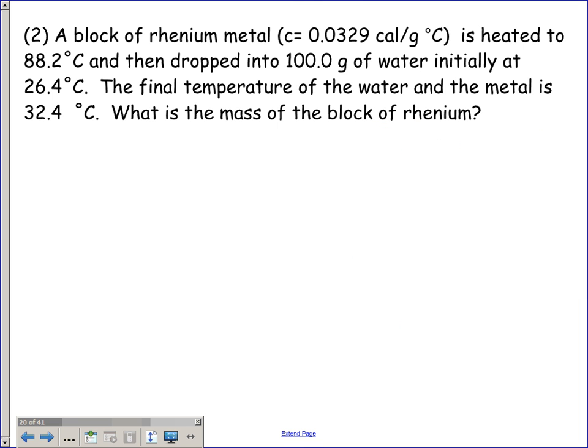So you just like the 4.18 calories. Either that or I would just take the 1 calorie and use that for the specific heat of water. Since this one's in calories, I think we should do the whole problem in calories versus joules.